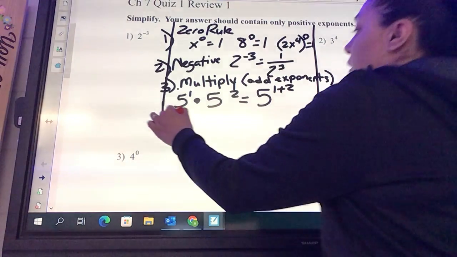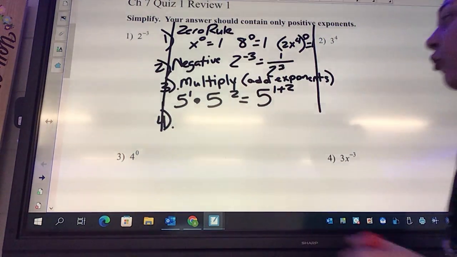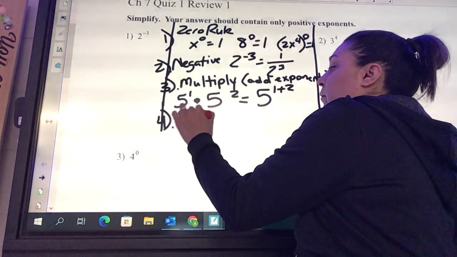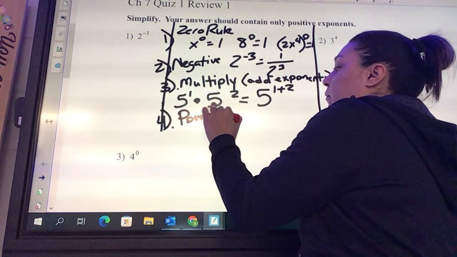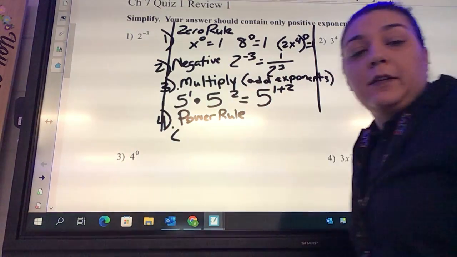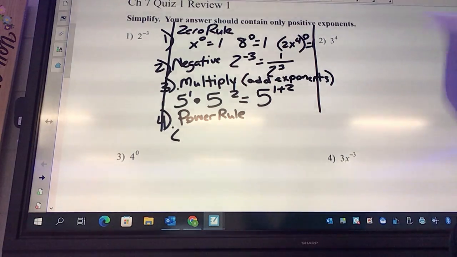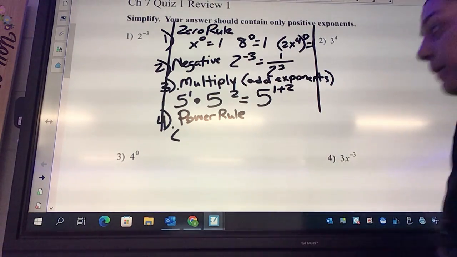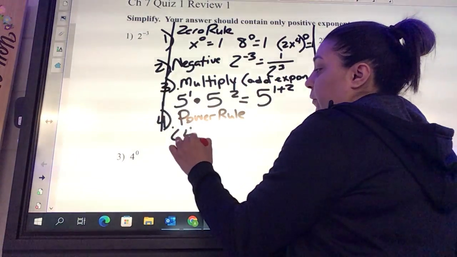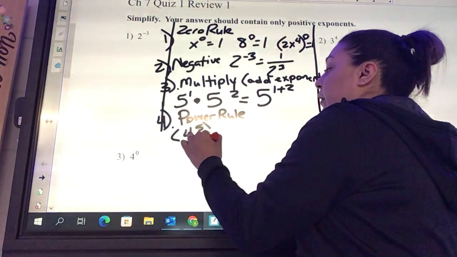Okay, rule 4. It's a power rule. Okay, and it looks something like, let me find one, or we could say to the 5th.